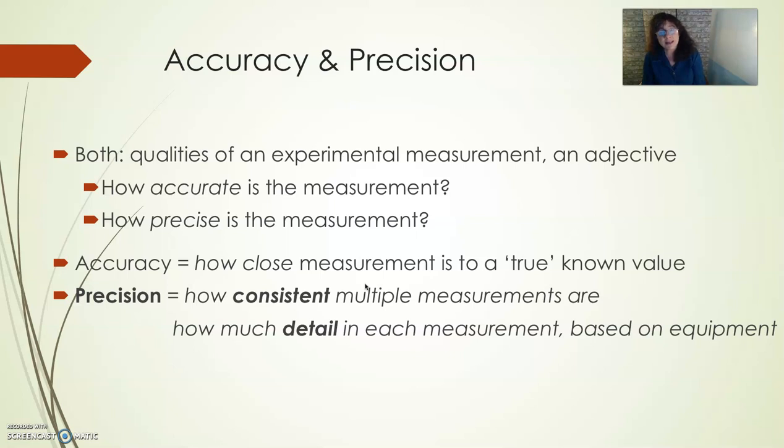Two different things. Let's explain that accuracy is how close the measurement comes to a true or known value. How close your measurement comes to the well-accepted true value of a measurement, of a standard.